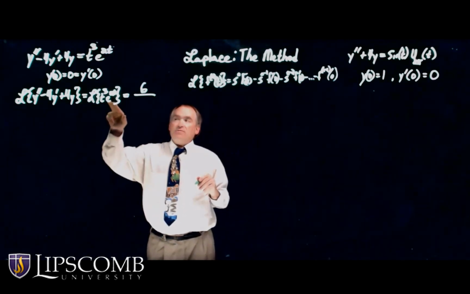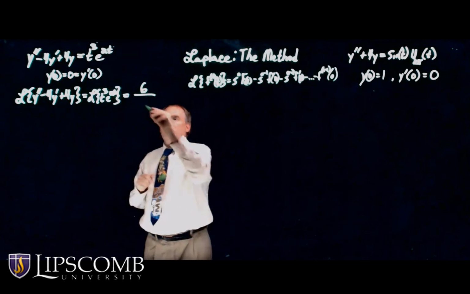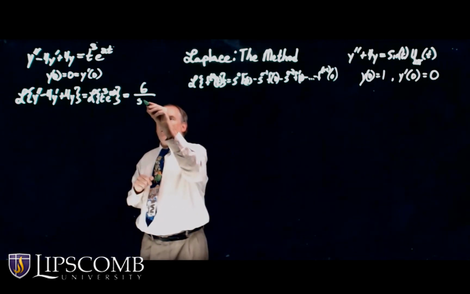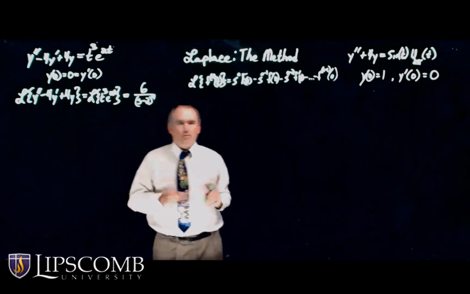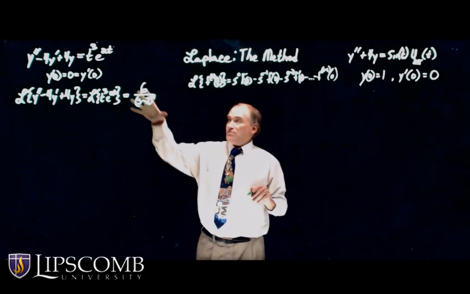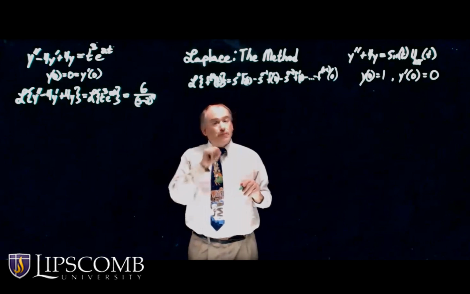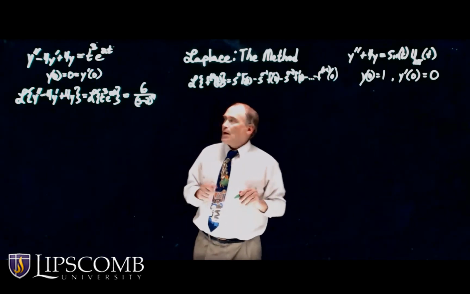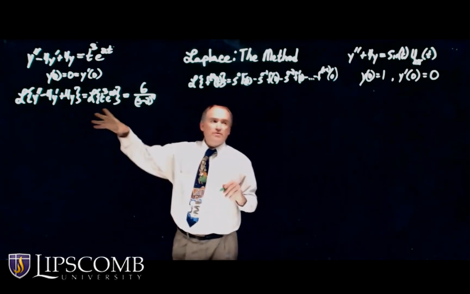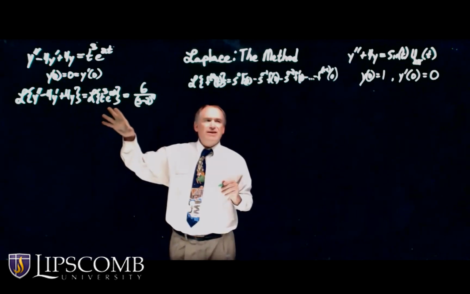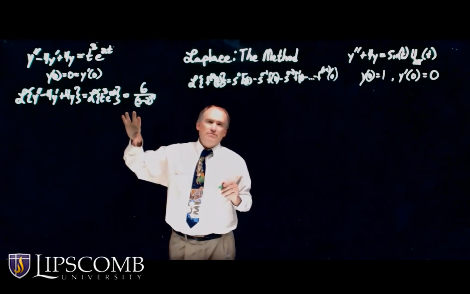But since it's the first shifting theorem, instead of writing s to the 4th, I write s minus 2 to the 4th. So that's the Laplace using the first shifting theorem. Now, what's the Laplace of a sum or a difference? It's the difference of the Laplaces.